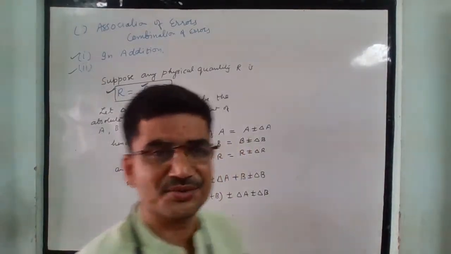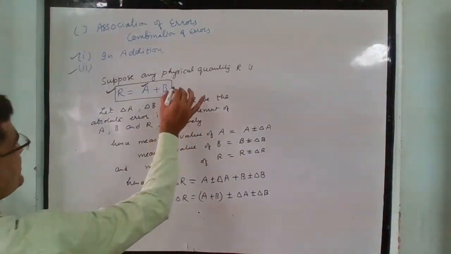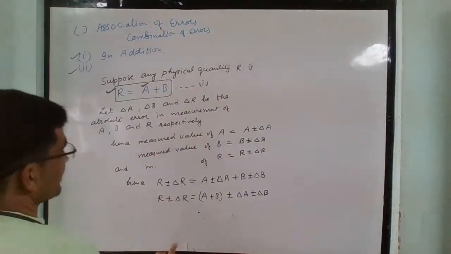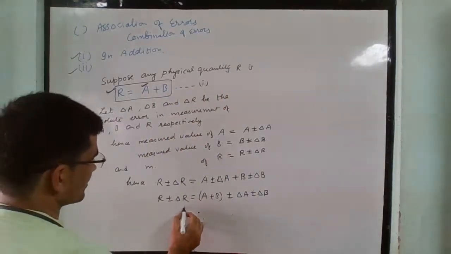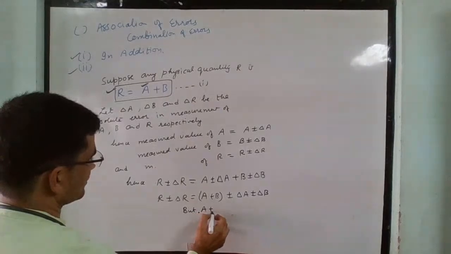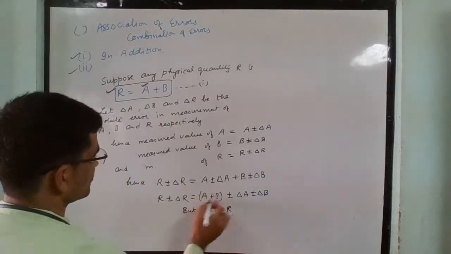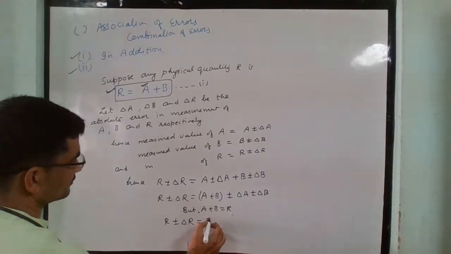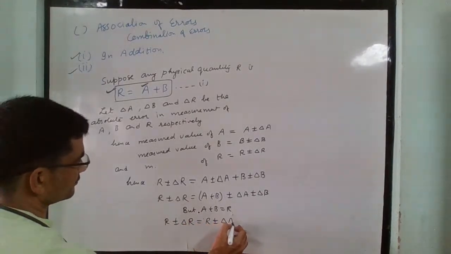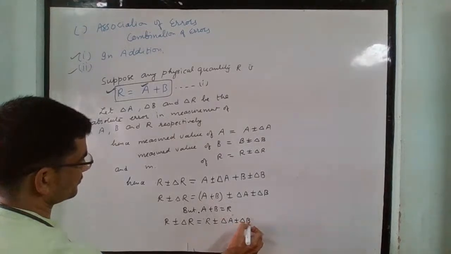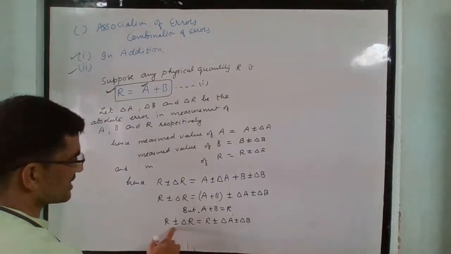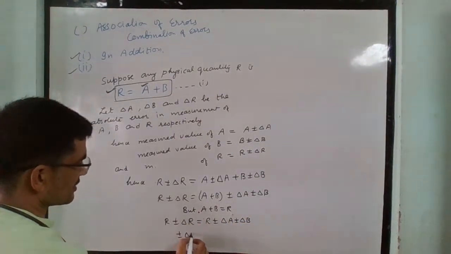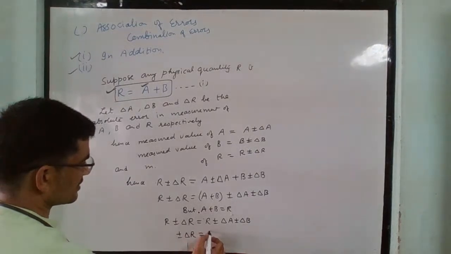Okay, now according to the initial consideration, suppose this is equation number 1. We have A plus B equal to R. So R will be cancelled out, and we got delta R plus minus.